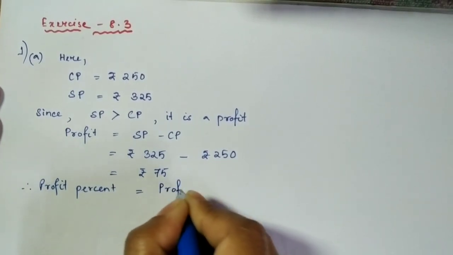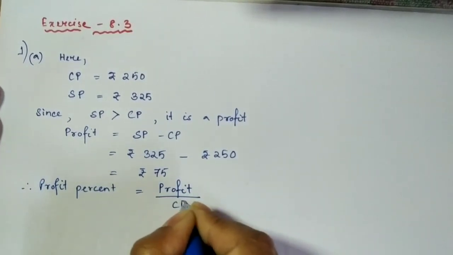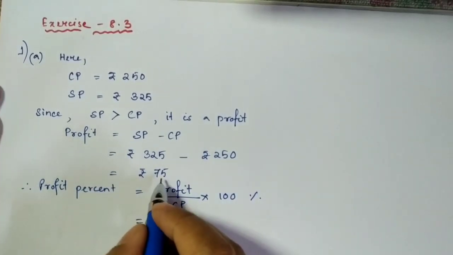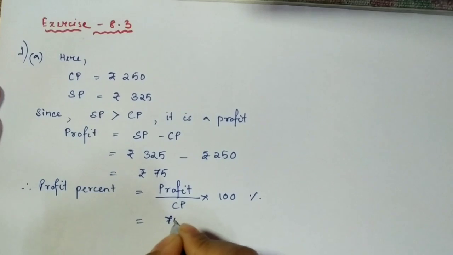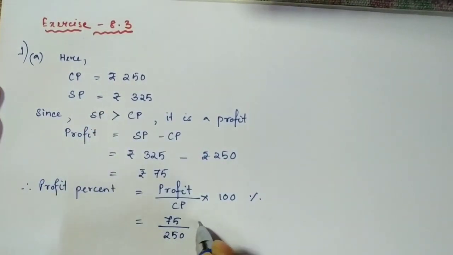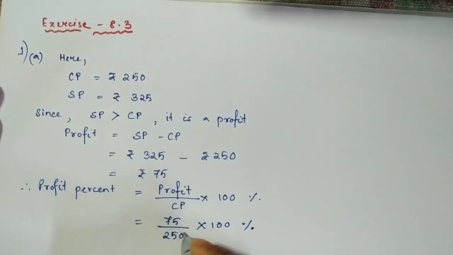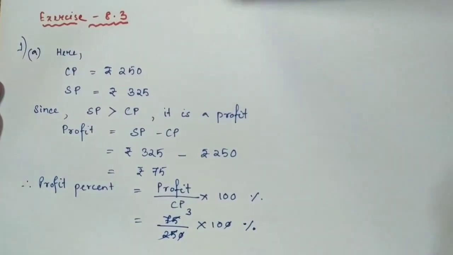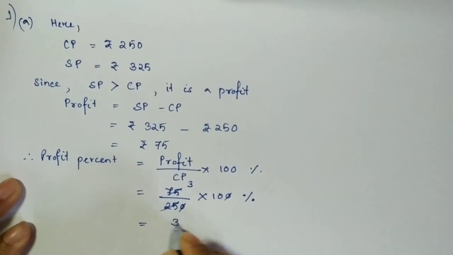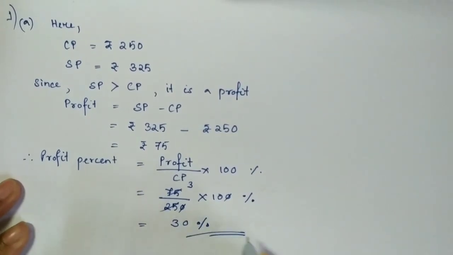Profit. I'm just writing the formula again so that you can understand, into 100%. Okay, so what is the profit? Here 75. What is the CP? CP was 250 into 100. Okay, you can cancel it. 0 gets cancelled. 25 3s are 75. So 3 into 100 will be how much? It will be equal to 30%, and this is your solution.